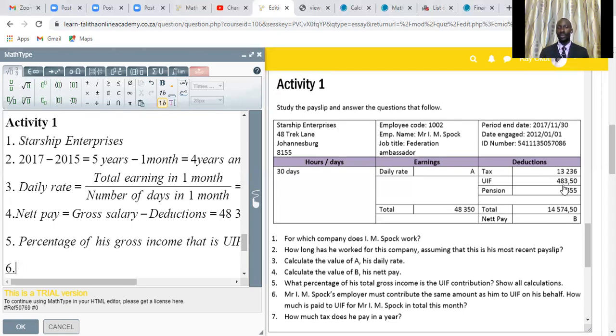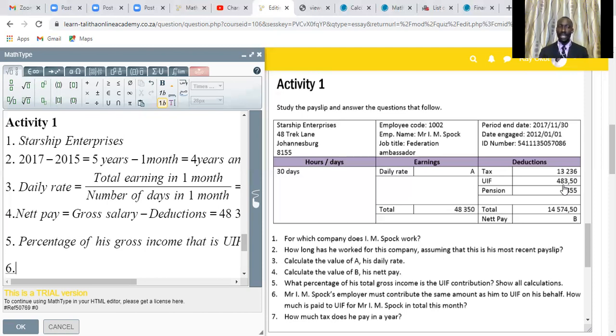But by law, the employer must contribute the same amount of money to the UIF contribution. What is that supposed to mean? If Mr. Spock has given 483.50, then also the company he's working for, that is the Starship Enterprise, has got to contribute the same amount of money.